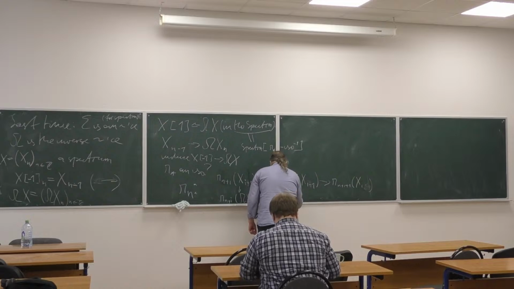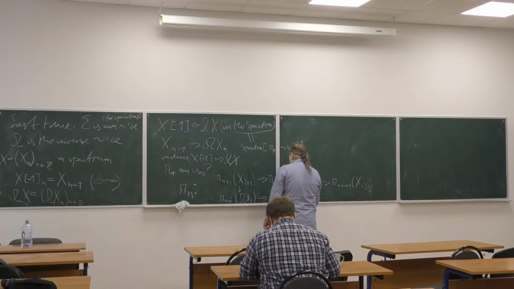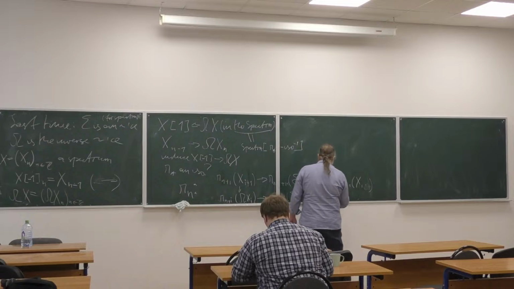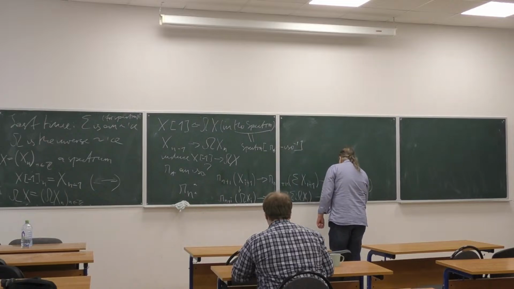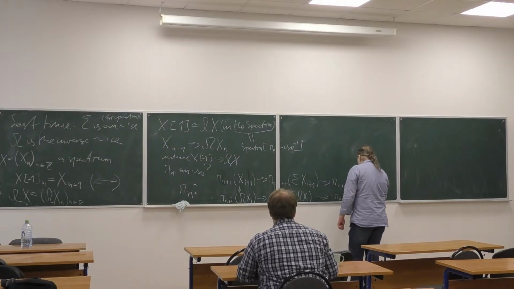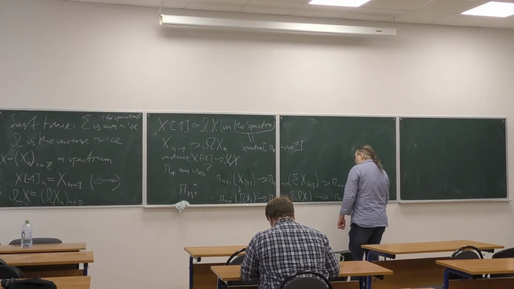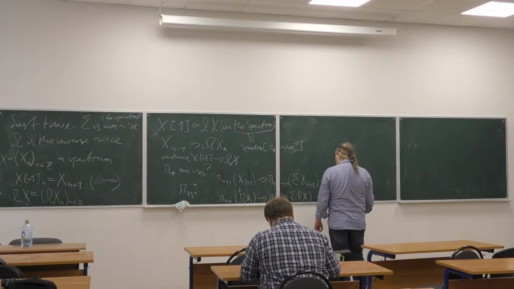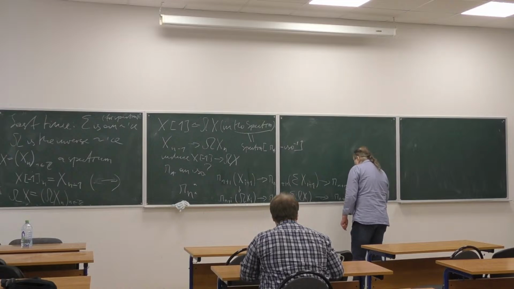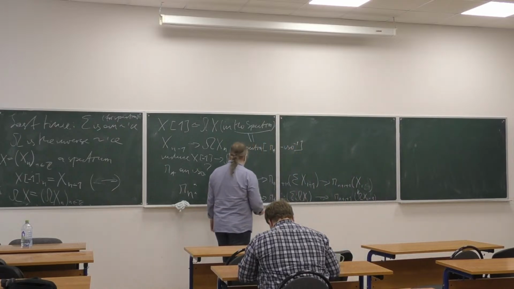Pi n plus i sigma omega xi, pi n plus i plus 1 omega x i plus 1, and we have this map, and we have this map.